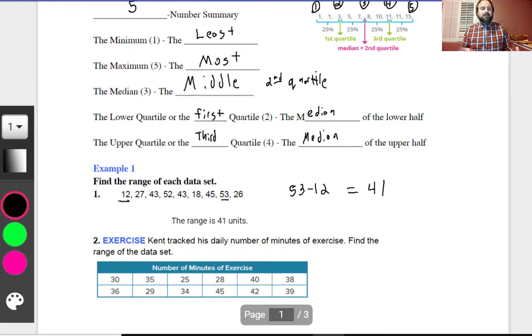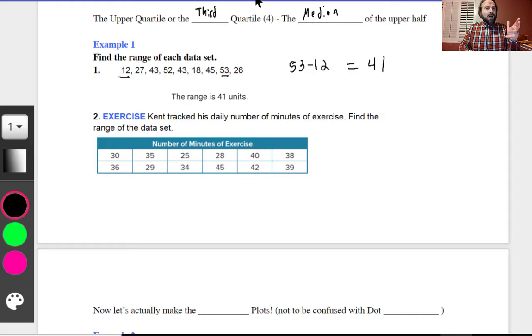Next up, we have exercise. Kent tracked his daily number of minutes of exercise. Find the range of the data set. Go ahead and pause right now, and I want you to figure out this data. All right, hopefully you paused it. So the maximum was 45. The minimum was 25. So the range is 20.